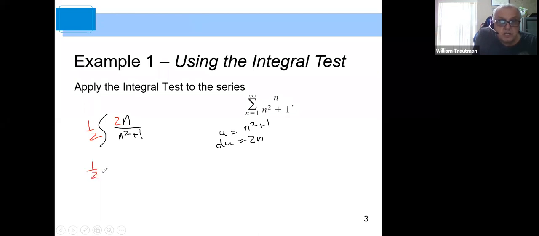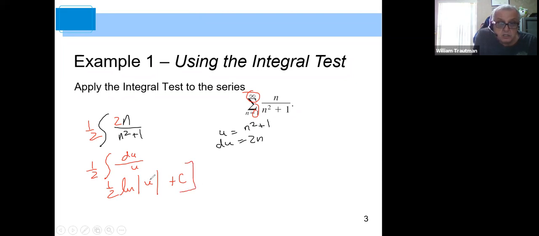Now I have 1/2 du over u, and this becomes the natural log of u with the 1/2 in front. And we're integrating this from 1 to infinity. So I put infinity in there first, and then we subtract and put 1 in there.